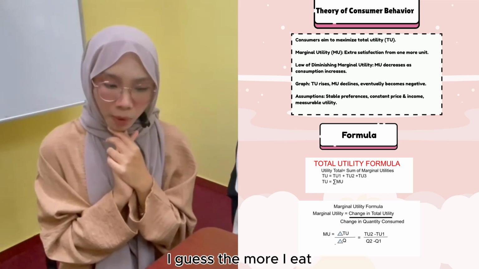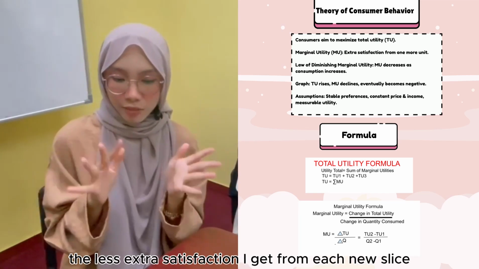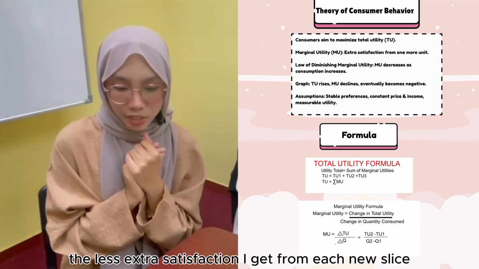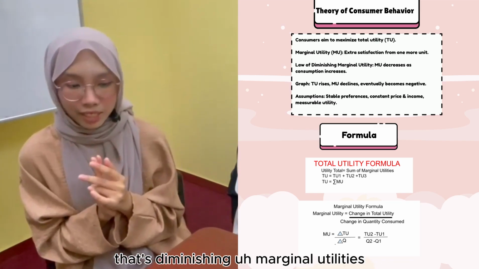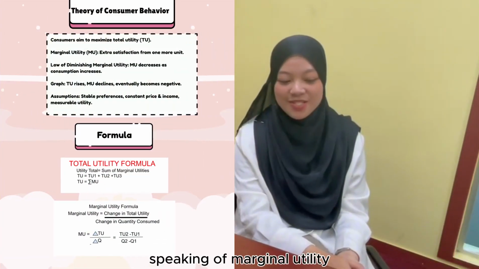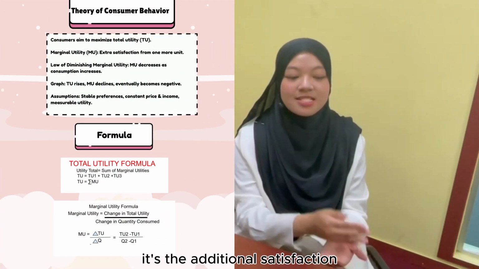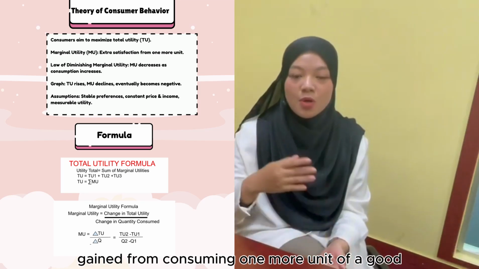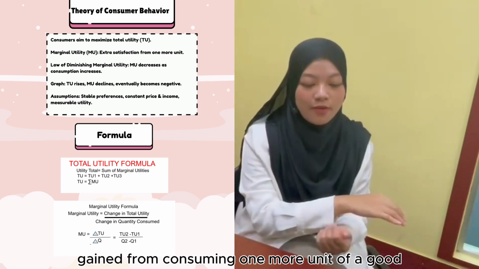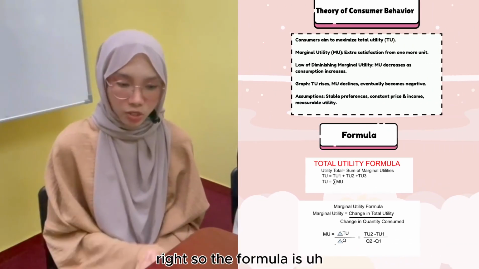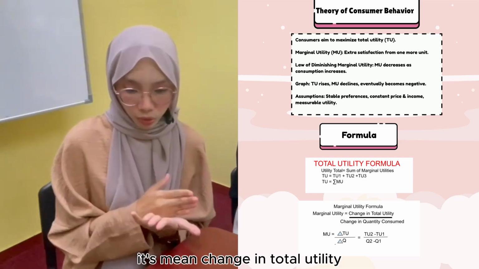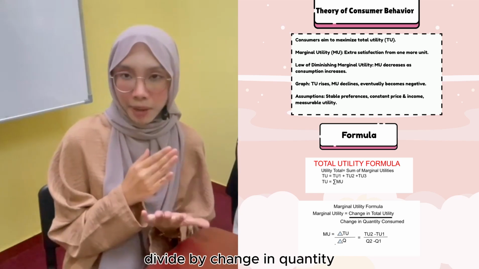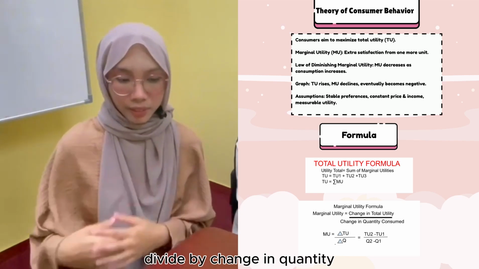I guess the more I eat, the less extra satisfaction I get from each new slice. That's diminishing marginal utility. Speaking of marginal utility, it's the additional satisfaction gained from consuming one more unit of a good. Right. So the formula is the change in total utility divided by the change in quantity.